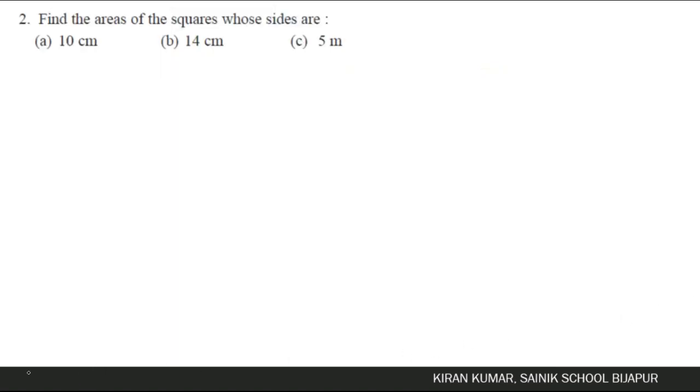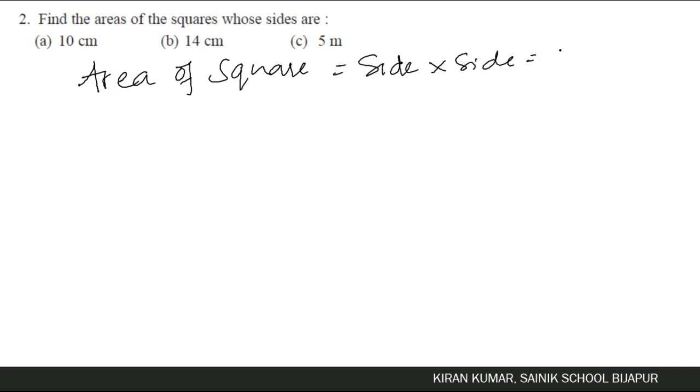Second question. Find the area of the square whose sides are given. You must all know that area of a square is side into side, which is the same as side square.